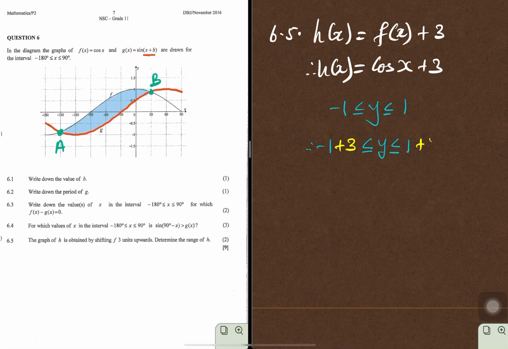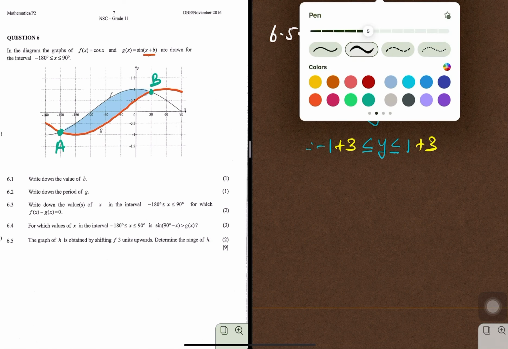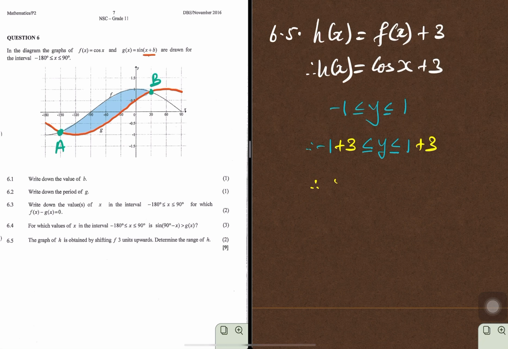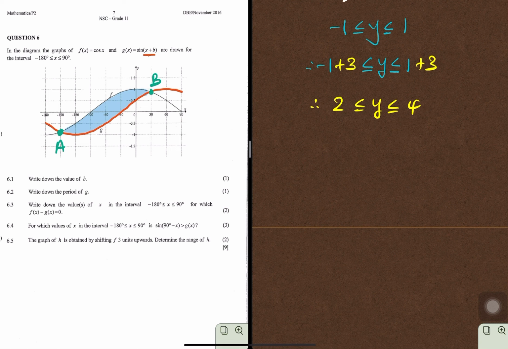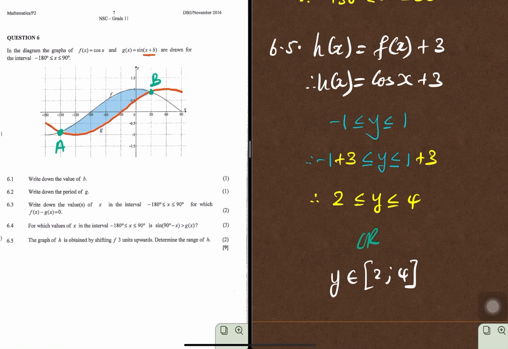You add 3 basically to both sides of that inequality, and then this really ties down to +2. y is bigger than 2 but less than 4. This you can write in interval notation, or you can write y is in between 2 and 4. That's how you go about this particular question.